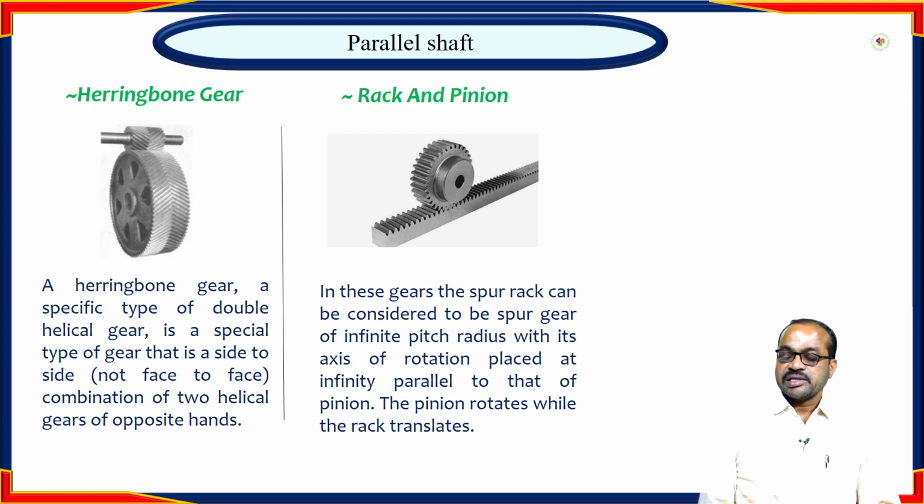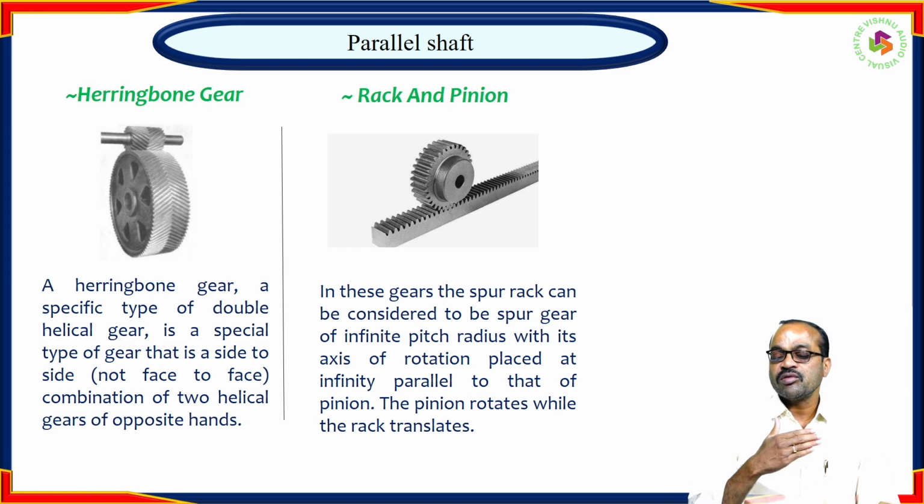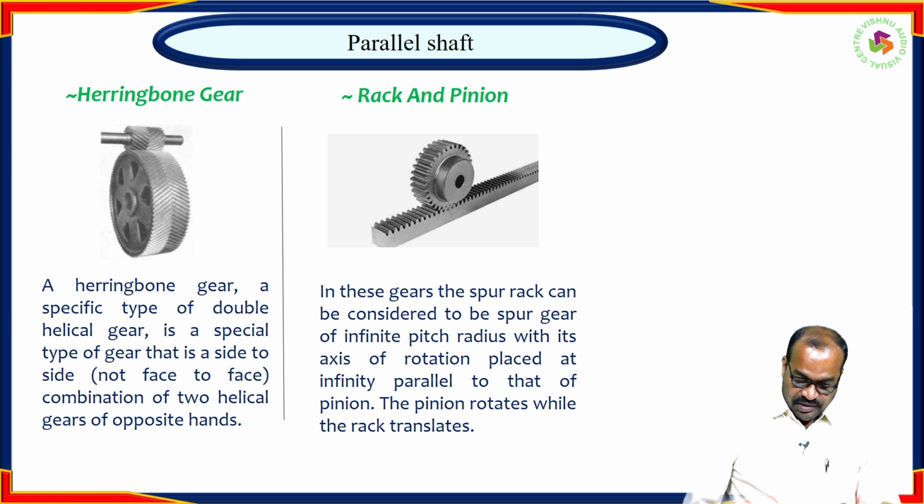Third category is rack and pinion. Rack and pinion is another type of spur gear. One rack has straight teeth cut, and the other is a spur gear rolling over the rack. So we have three different parallel shaft gears: spur gear, helical gear, rack and pinion.